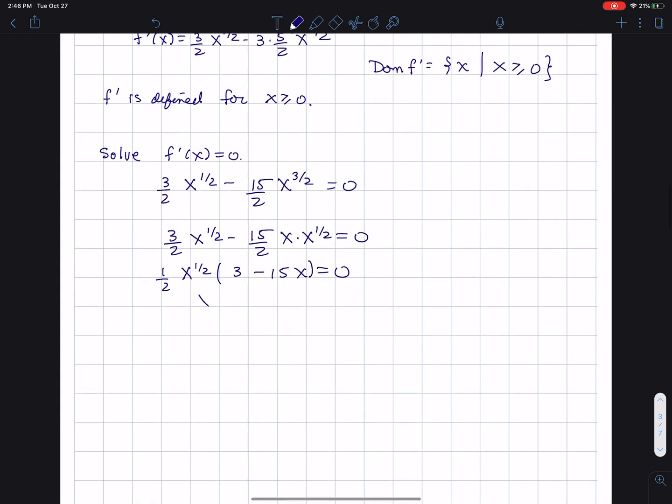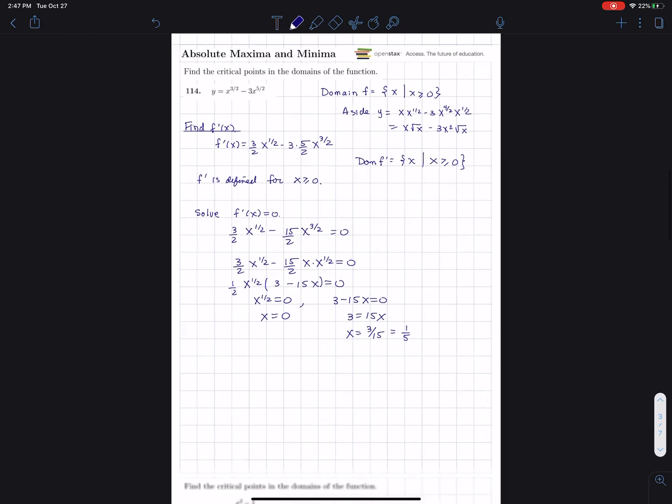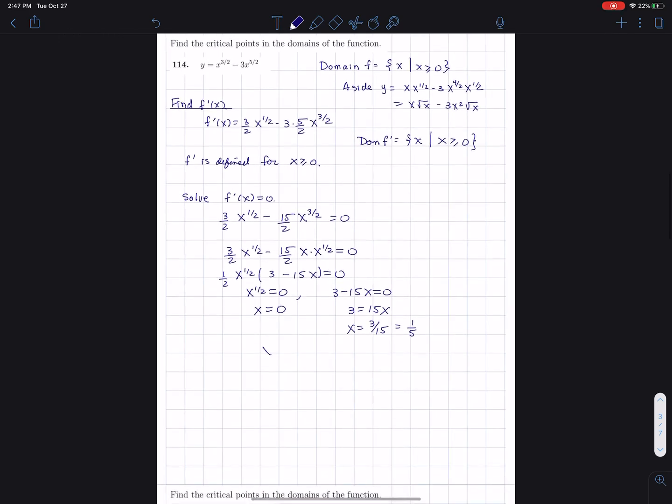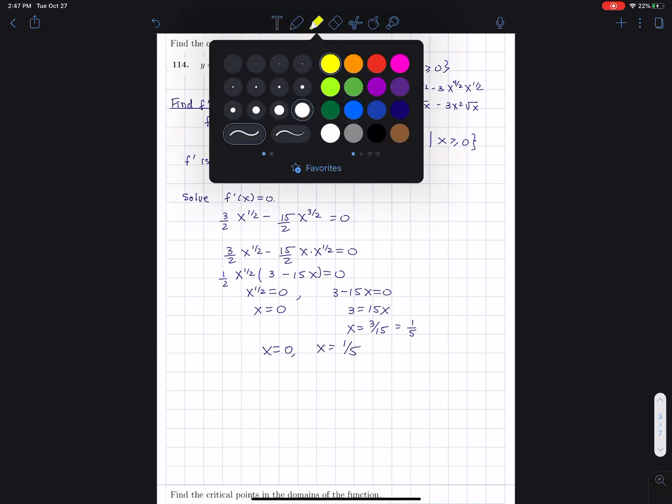Here I have x to the 1/2 equals 0, which, squaring both sides, gives x equals 0. And then I have 3 minus 15x equals 0, and that corresponds to 3 equals 15x, or x equals 3 over 15, which is 1/5. So actually this problem was pretty quick. I was sort of bracing myself for something more challenging. Well, that's assuming I got it right. But anyway, these are the critical numbers.